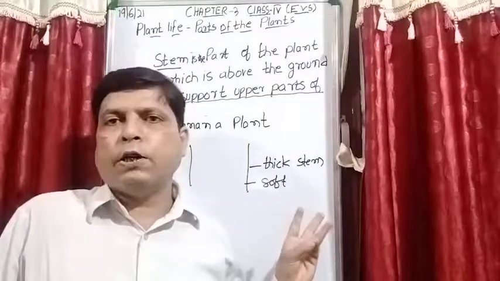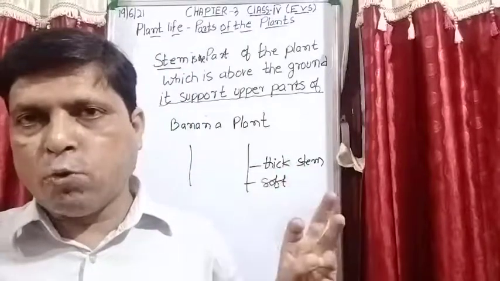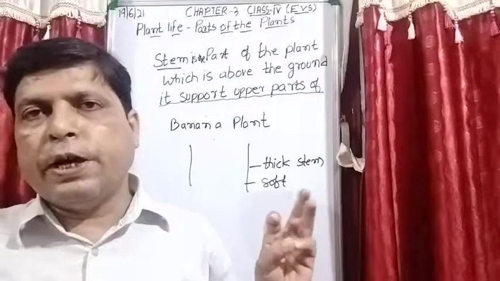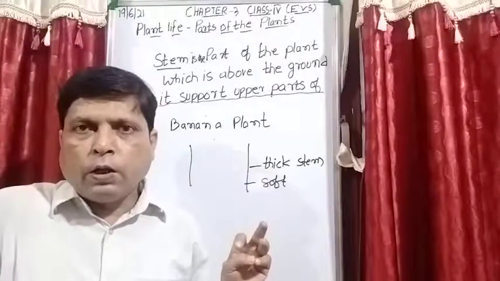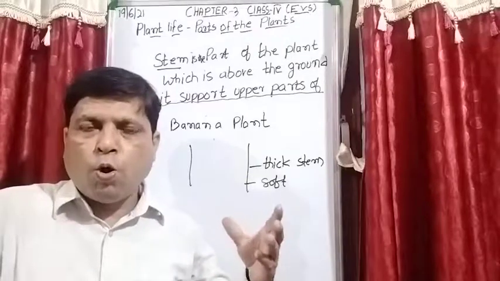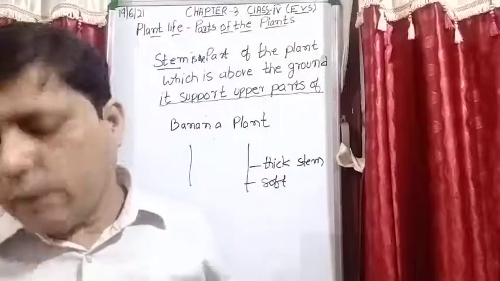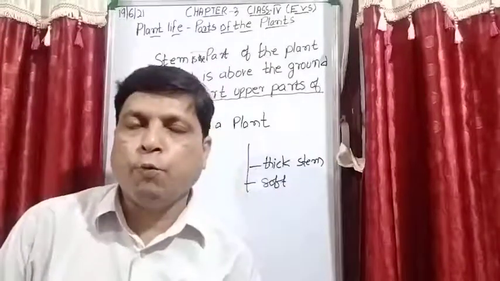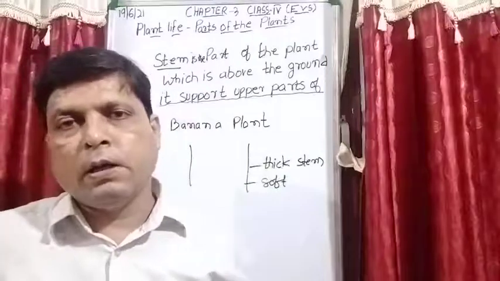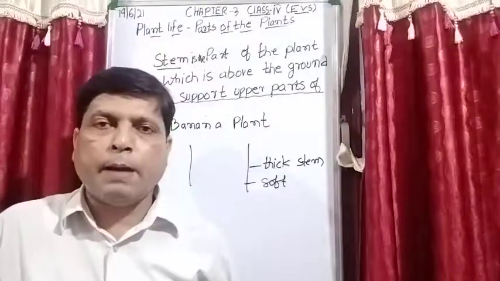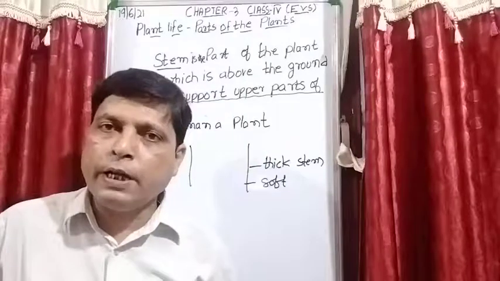Look, the word weak stem is used in the case of herbs also, creepers also, and climbers also. They have a very weak stem, so to grow or to move up they need some support, whether it is the support of a wall or of some other plant. Those are known as climbers.